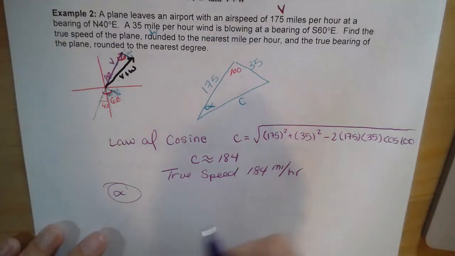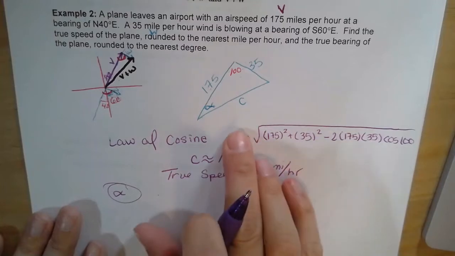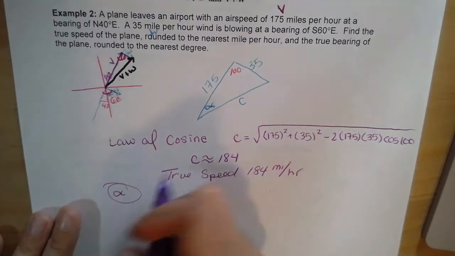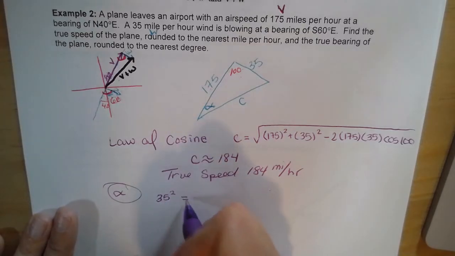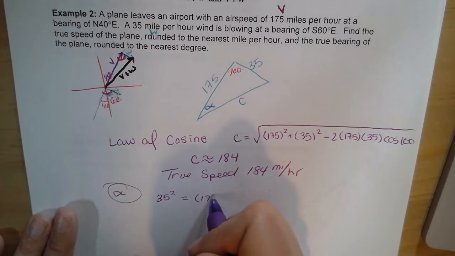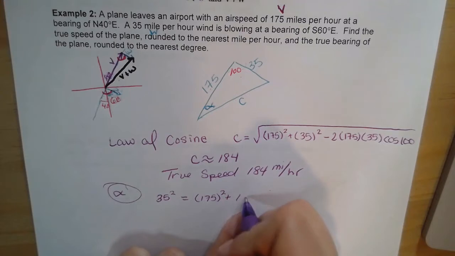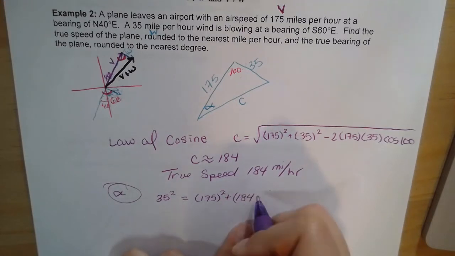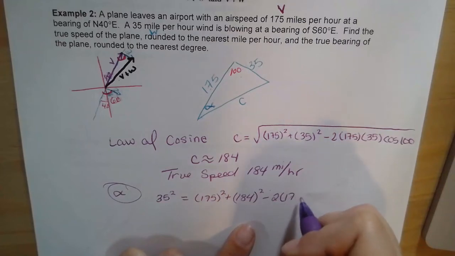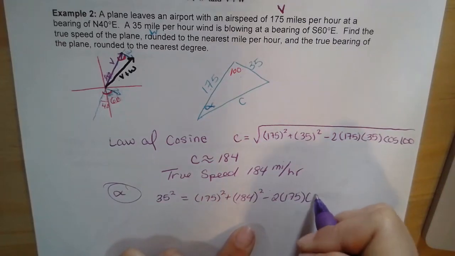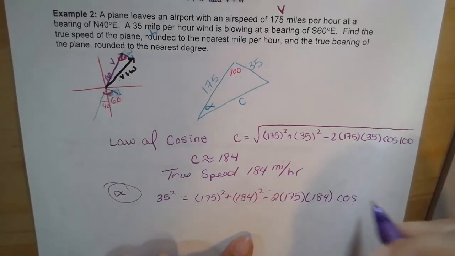Crazy me. Alright, so this time I'm not going to have the square root because I'm not solving for a side in this spot. So I'm going to have 35 squared equals 175 squared plus, now we know C, so let's go 184 squared minus 2 times 175 times 184 cosine alpha.